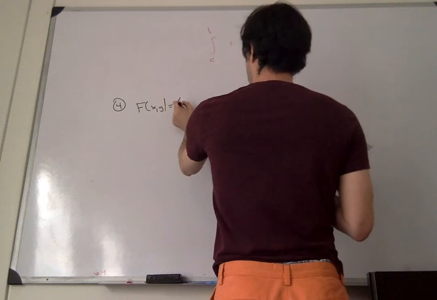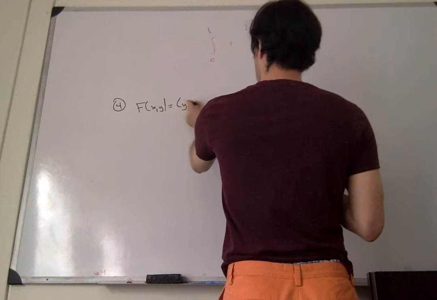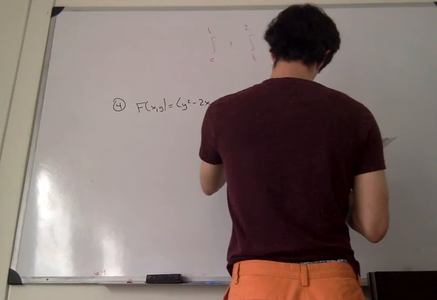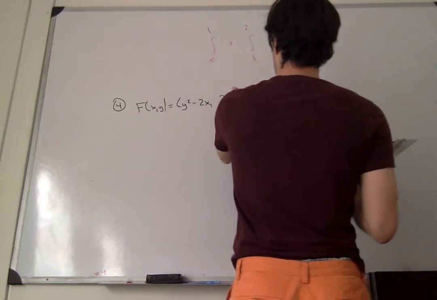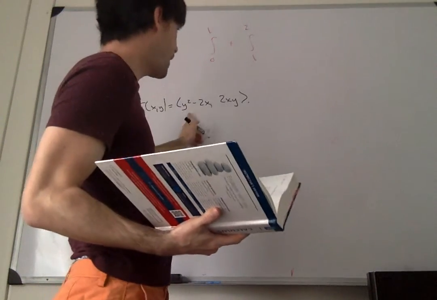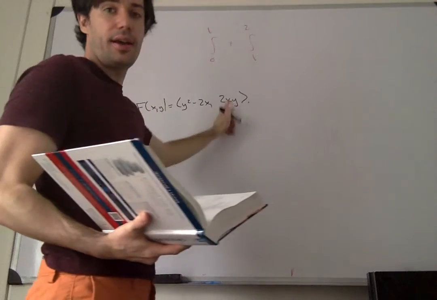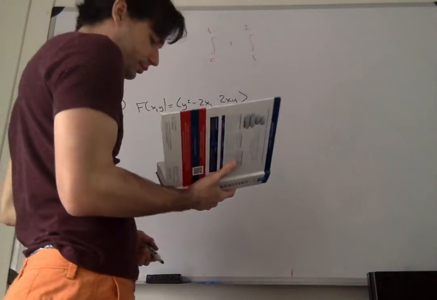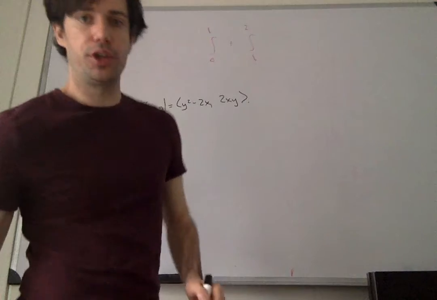So problem 4 is y squared minus 2xy. Now in the book it says y squared minus 2x times i plus 2xy times j. I just wrote this in vector notation.